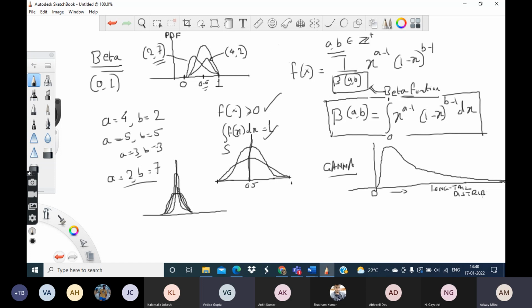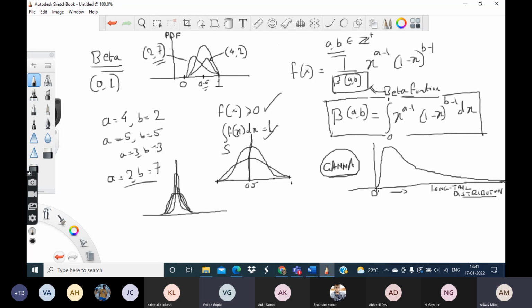Since this is a class on earth system sciences, the gamma distribution is of particular use to us, because there are many atmospheric variables which have this kind of long tail distribution. Say for example precipitation, the rainfall at a given location on a given day.